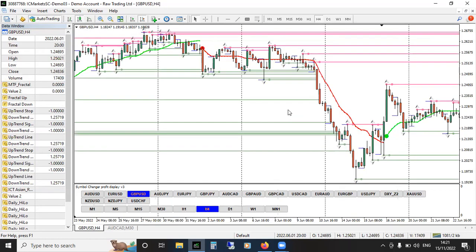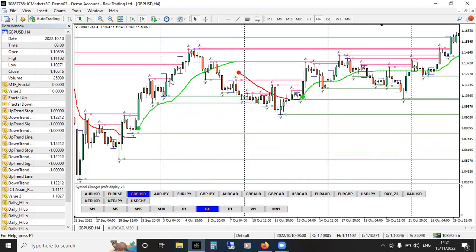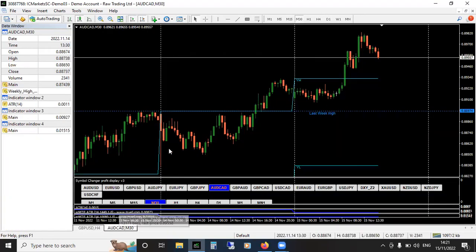Let's go back to 4 hours again. Let's start from October. All throughout October, we are bearish. So, previous days' highs and lows on GBP/USD.